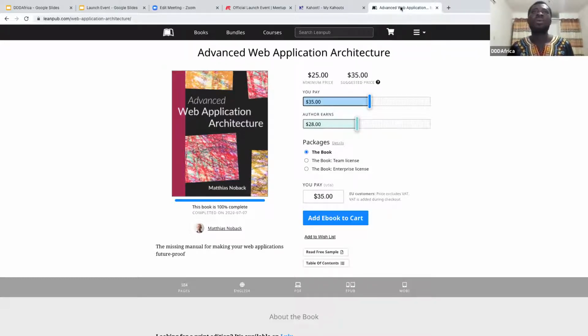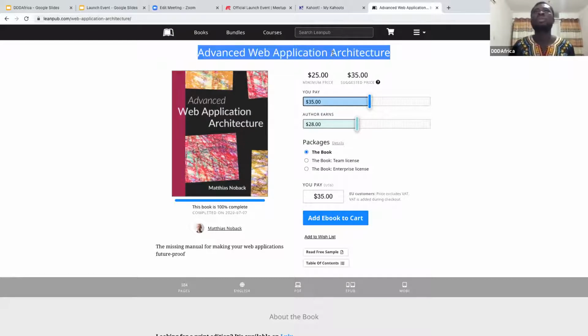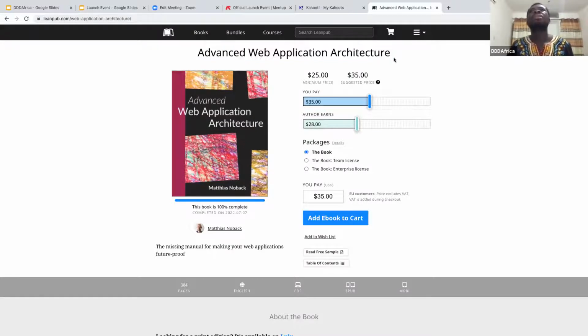So I'll also recommend this book. Those are the two books I've read at the moment.